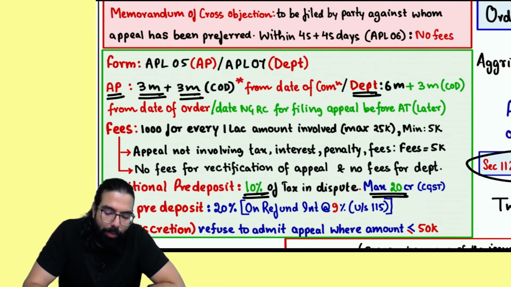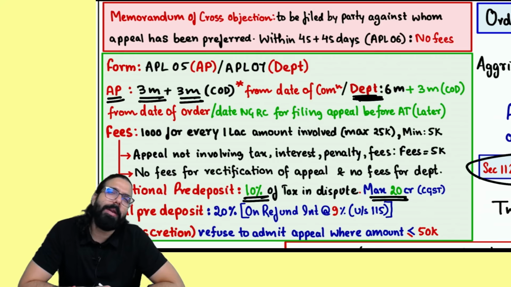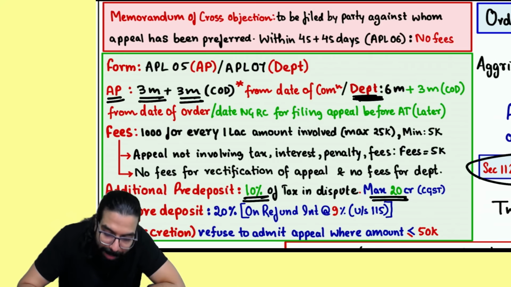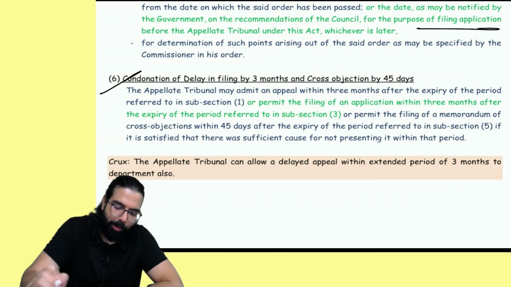The department had to go within 6 months from the order of the appellate authority. For the department, there was no condonation of delay; it had to go directly within 6 months. Now an additional 3 months condonation of delay is being given for the department also.